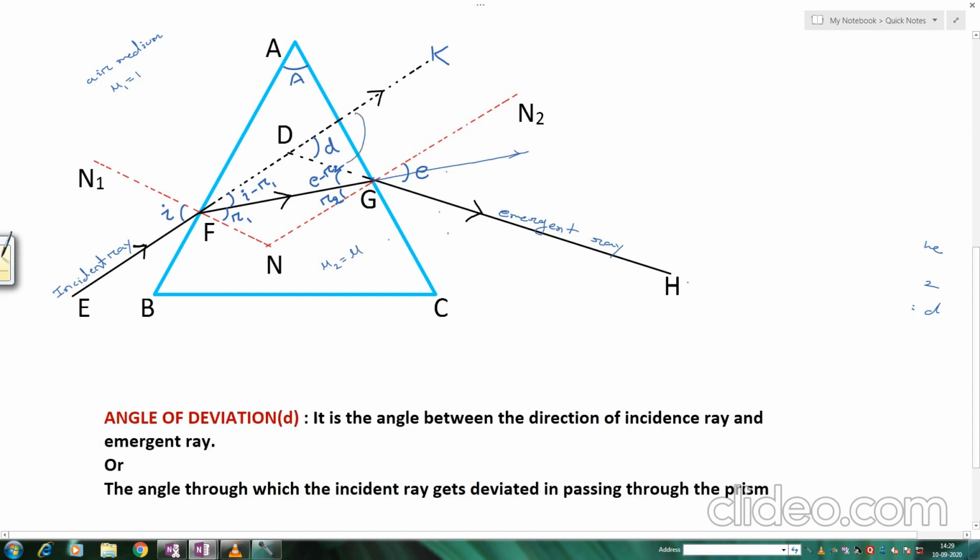So this angle is called the angle of deviation. This is the angle between the direction of the incident ray and the emergent ray. So this is all about the ray diagram for the refraction through a prism. Now let us start the derivation.